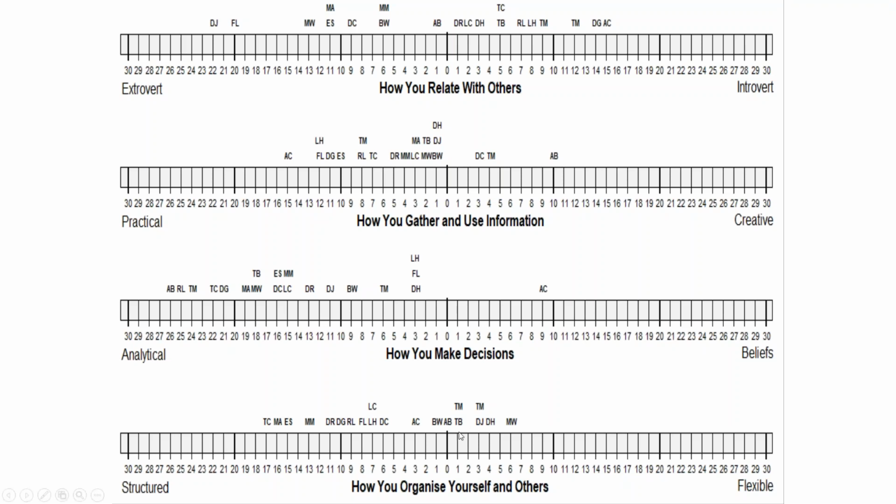And you can see that this team is certainly more structured than it is flexible. So it's likely that they'd be using agendas, and sticking to key points and be able to argue those things out before they move on to the next.